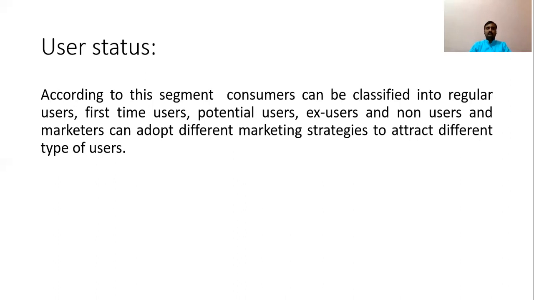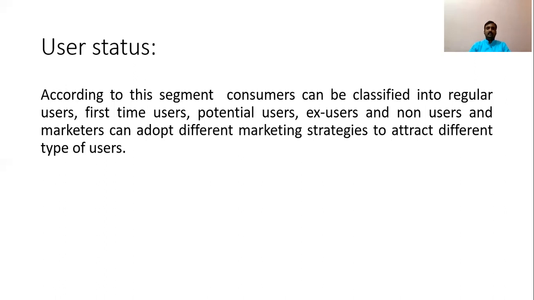First-time users are those who use the product for the very first time, through marketing appeals or through a reference group from which they get the information. Potential users are those who are yet to purchase the products or services. Ex-users have already used these products or services, and they may become a reference group for others also. Non-users never use these products or services.